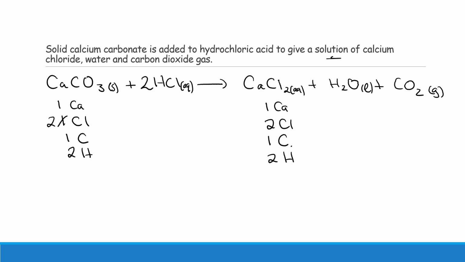So they're balanced as well. Next step, balance oxygens. On this side I've got 3 oxygens. On this side I've got 1 plus 2 is 3 oxygens. So this equation is now balanced. Give yourself a tick.